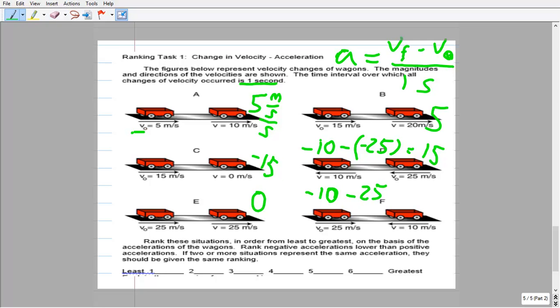So negative 10 minus 25 is negative 35. That's a big change. Not only did the cart slow down, it actually changed direction, started going back the other way. So if I'm going to rank these, I rank the most negative as my least, and therefore that's going to be situation F.